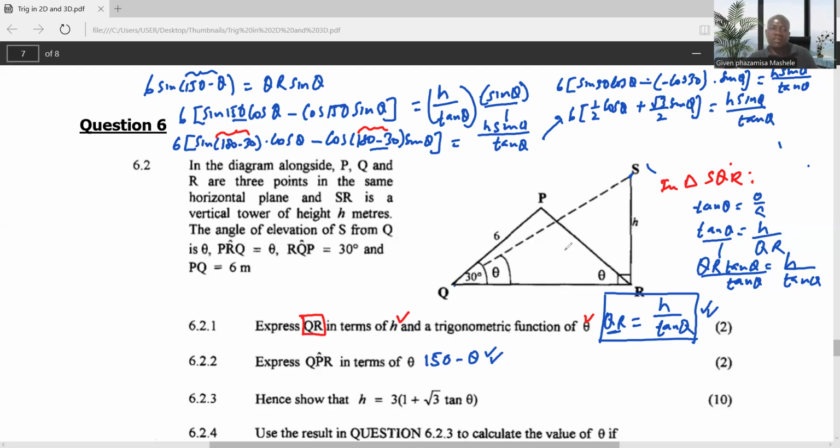Let's remove the brackets on the left-hand side by multiplying by 6.